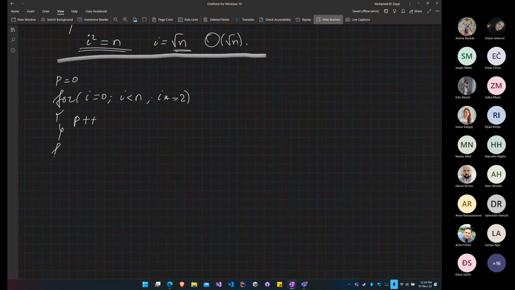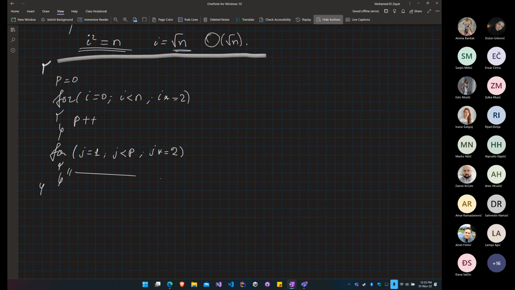And then you have another for loop. All this is enclosed in one single function, by the way. So you have another for loop, which is not nested, obviously. j equals 1, j is less than p, j times equals 2. And your code goes here. Nobody cares about the code for now.